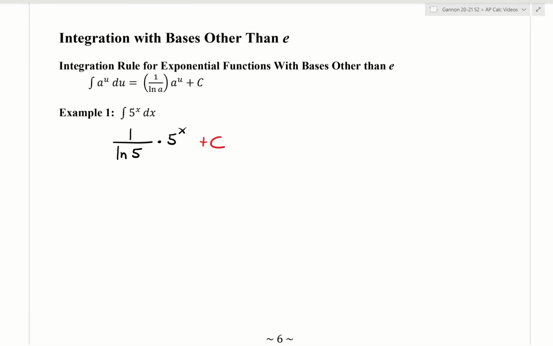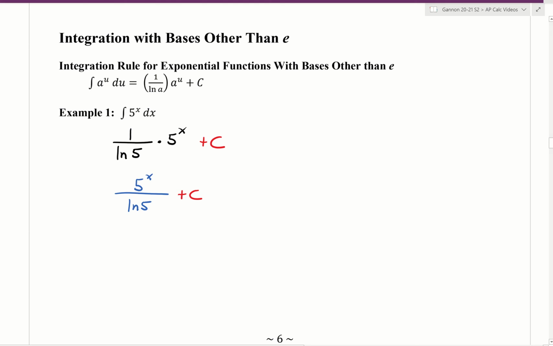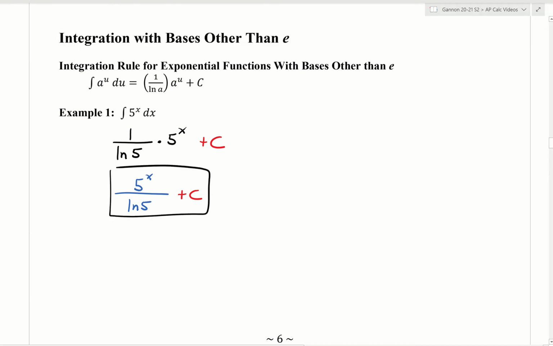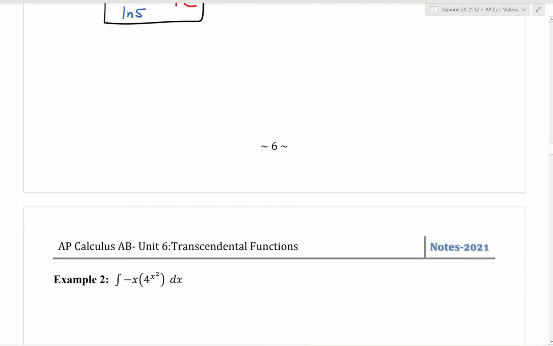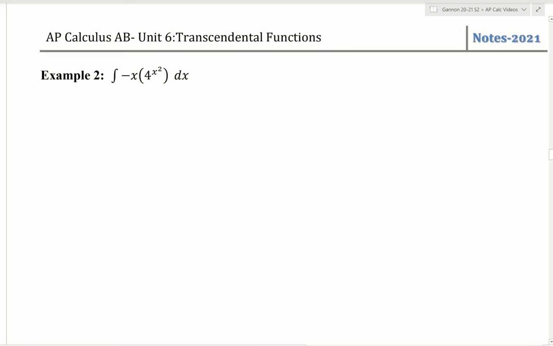At that point, we can simply rearrange that and go 5 to the x over the natural log of 5 plus c. And that is it. All right, let's go to the next page and take a look at the next few examples.